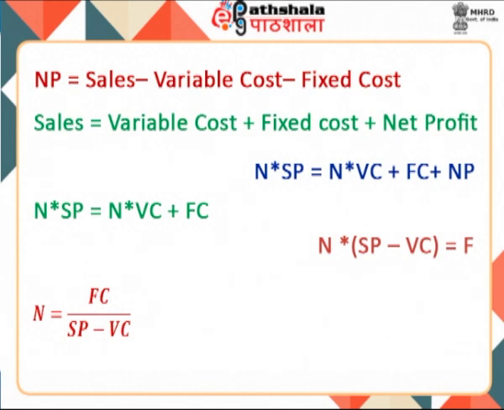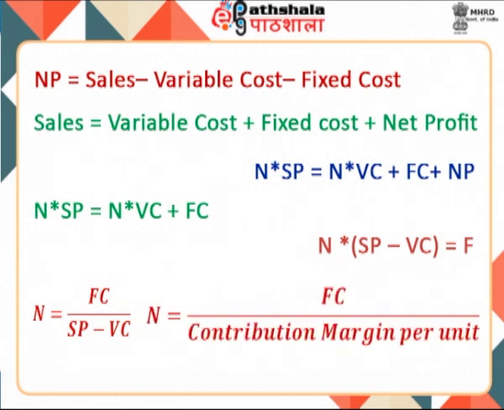Thus, we can say that N is equal to fixed cost divided by contribution margin per unit.